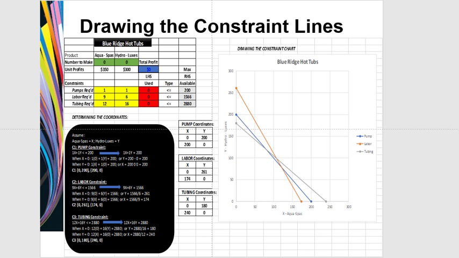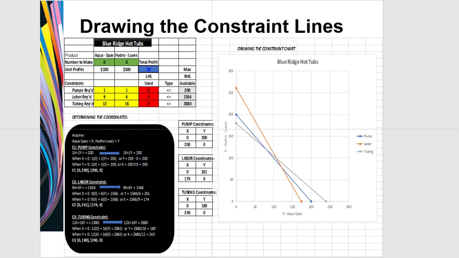We need to do the same for the labor constraint and the same for the tubing constraint. This is what the block does. And we have transferred these calculations to these cells here, because for us to draw this, we need to pick these values directly from Microsoft Excel, from actual cells.